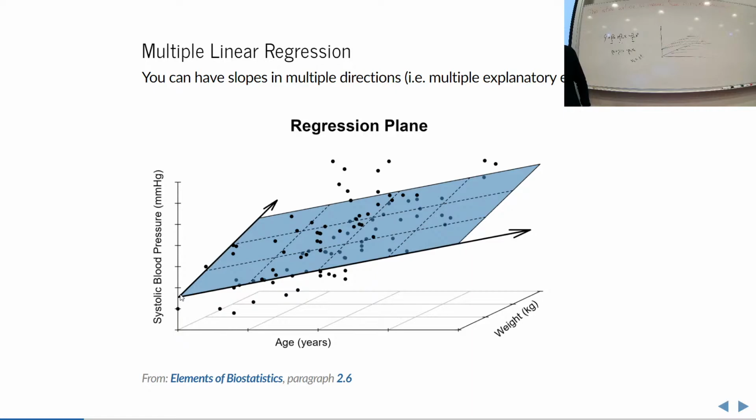For every increase in age by 1 year, the systolic blood pressure increases like this. And perpendicular to that, we have a linear increase with weight. So for every kilogram increase in body weight, we expect on average an increase in systolic blood pressure. Is this model realistic? I don't know. But it is a linear model in two directions. So that's how something can be linear when you have more than one effect.